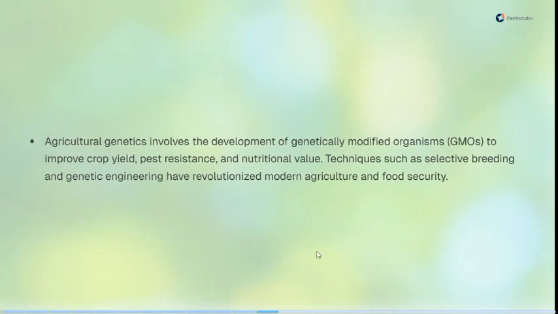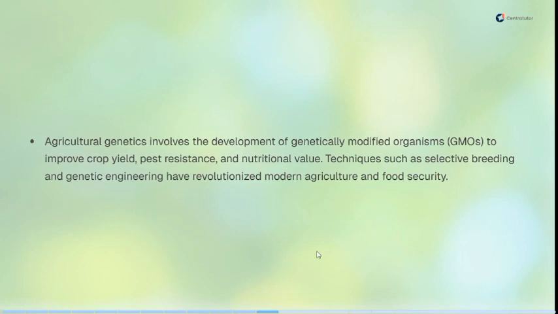In agriculture, it involves the development of genetically modified organisms, known as GMOs. You should have heard it somewhere. GMOs are genetically modified organisms. Like plants, even animals, you could see how they would modify offspring of plants. They would try to crossbreed them to make a particular trait dominant in their offspring.